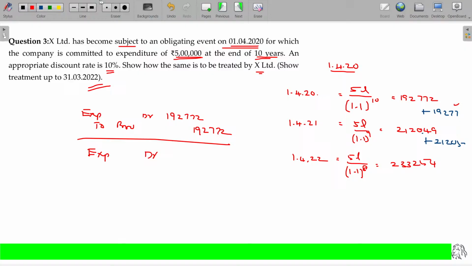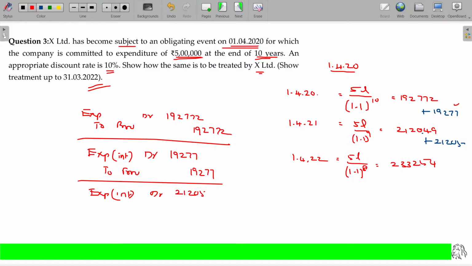So this will be named as interest expense to provision account. This value being 19,277. Then again interest expense debit, this value being 21,205 to provision. That's how the provision will be increasing year on year.